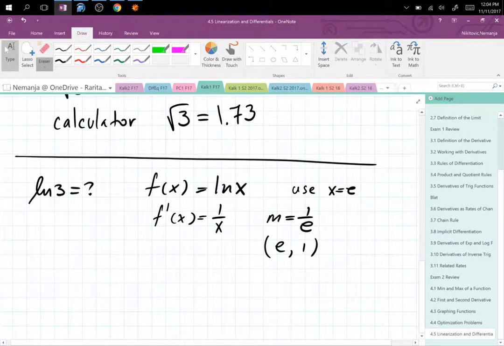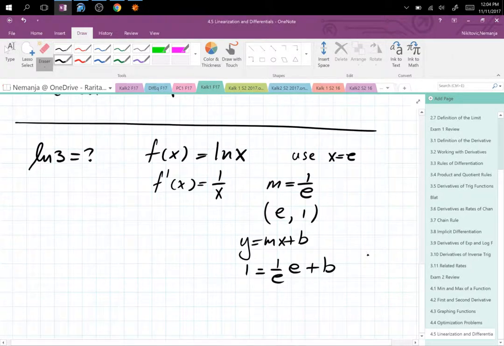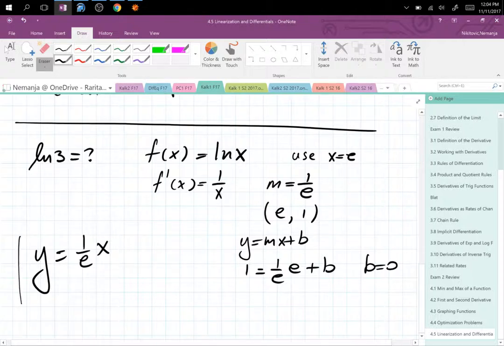So now I have y equals mx plus b. y is 1, m is 1 over e, x is e, plus b, b is 0. Y equals 1 over e x plus 0. That's the tangent line.